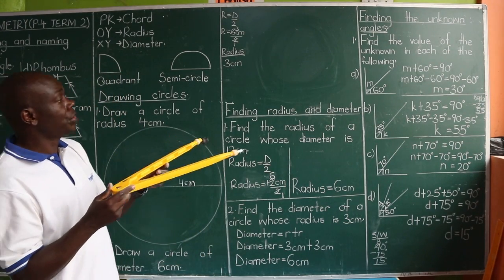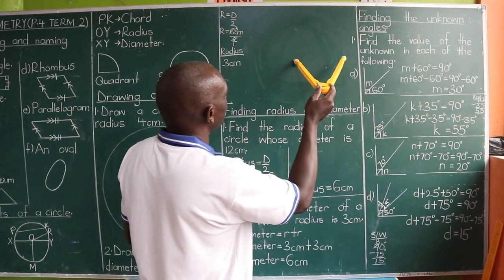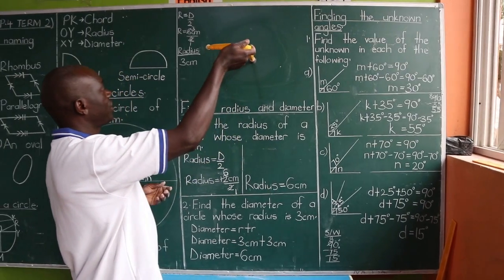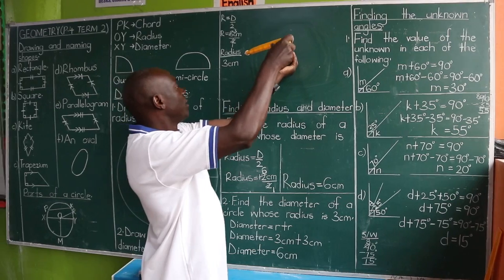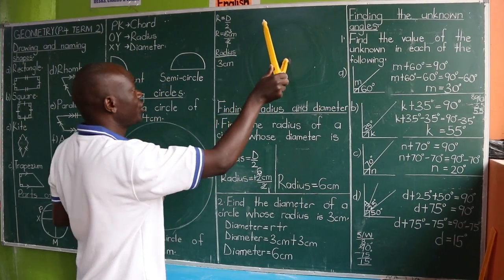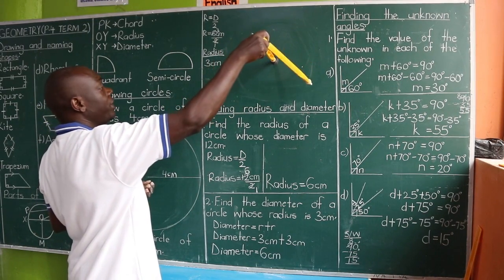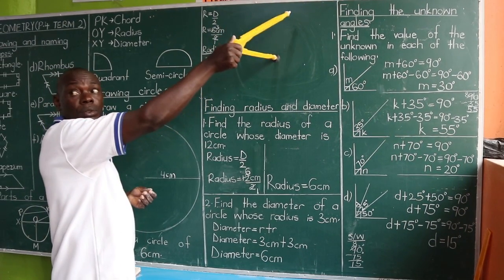Now you are going to draw our circle, which you have measured 3 centimeters for. So we centrally put our pointer. Ensure you don't put a hole in the book or on paper. You freely make that circle.